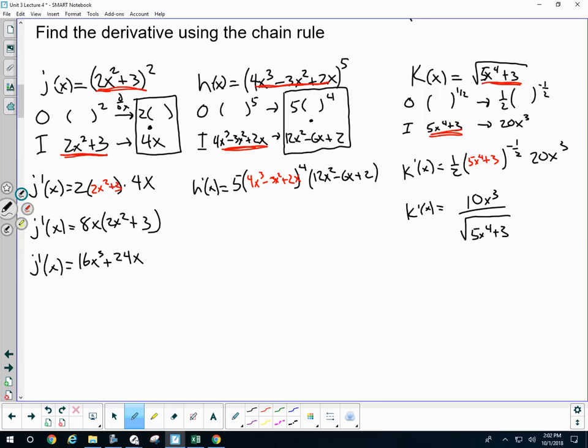Should be pretty straightforward, right? Not that bad, as long as we utilize this rule. Now again, these rules come from our magical limit as h approaches 0 of f of x plus h minus f of x over h formula. If you want to see how we can arrive at this, you can look either in your book or online for the proof to see where this formula comes from.